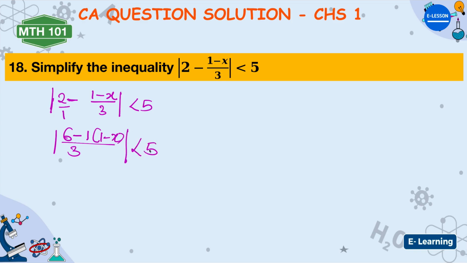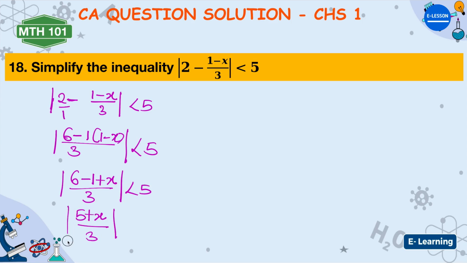Everything should be less than what? 5. So this will give us absolute value of 6 minus 1 times this will give us minus 1. Minus times minus will give us plus. And here will be what? x divided by 3 should be less than 5. 6 minus 1 will give us what? 5 plus x divided by 3 should be less than 5.